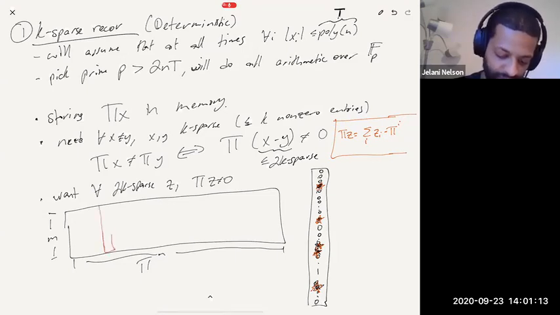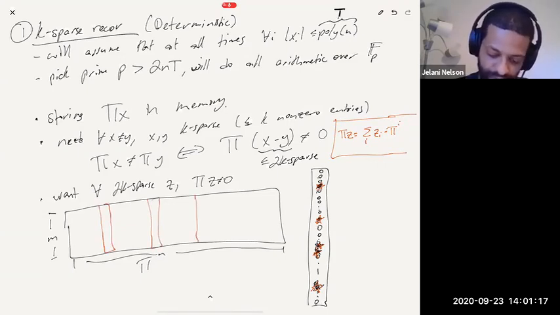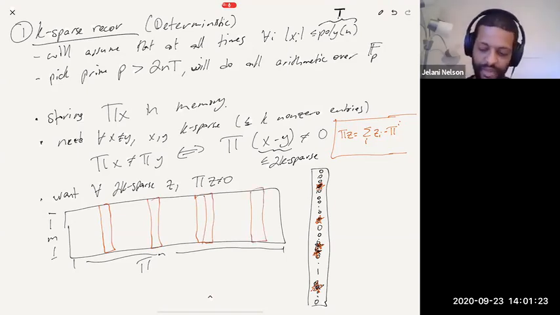Here's one, here's another one, here two right here. Here's another one. These are the only columns that are relevant in the multiplication pi z. So I can look at just those 5, let's say, or at most 2k columns.